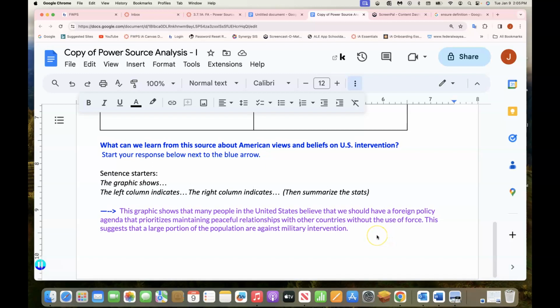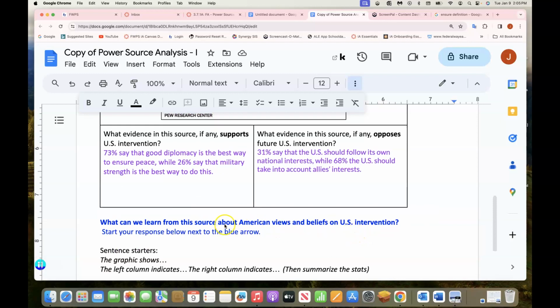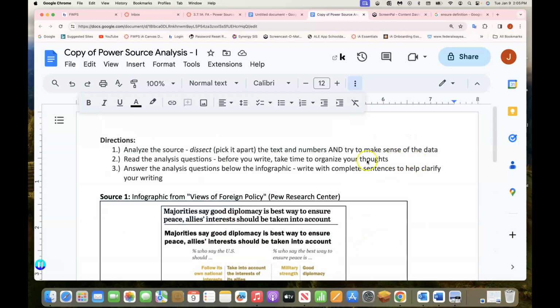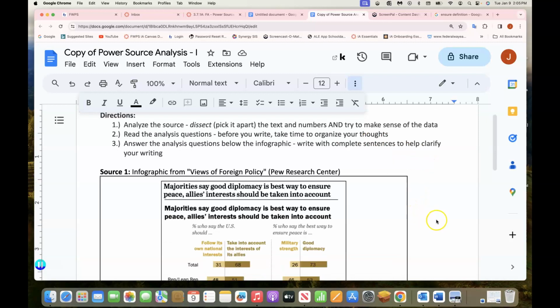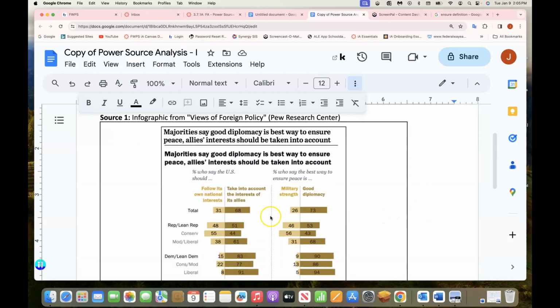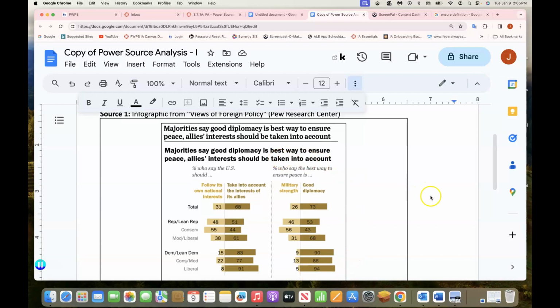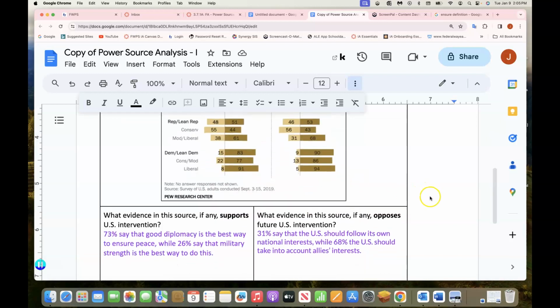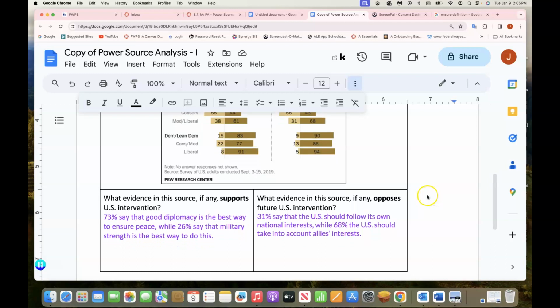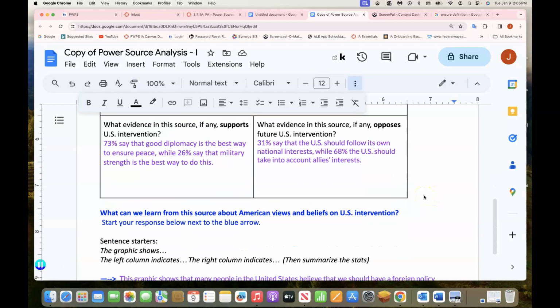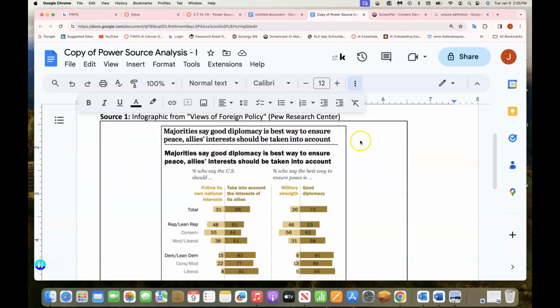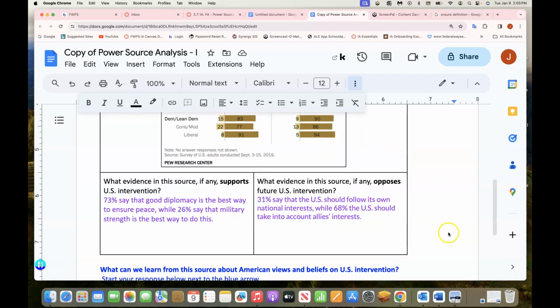Now, does it say that exactly? Not exactly, but remember, this is you making sense of the data. This is you explaining how you interpret what you are seeing in the numbers and in the graphs presented to you. Okay, so once again, with the source analyses, you are looking at information.